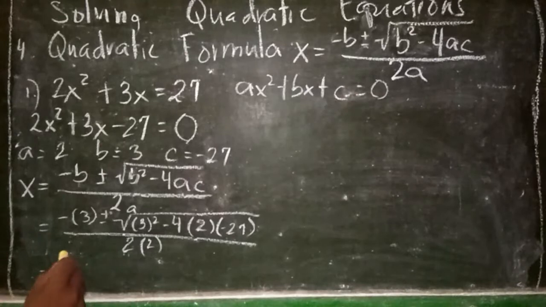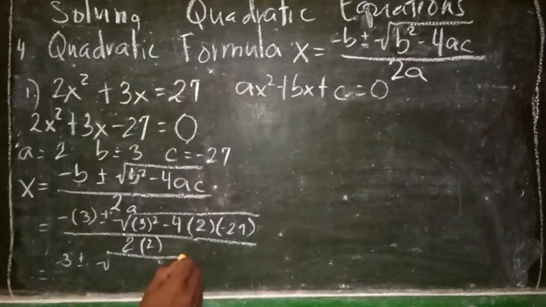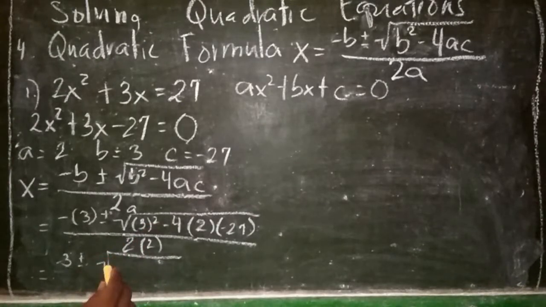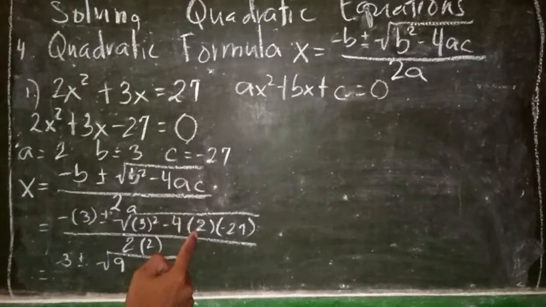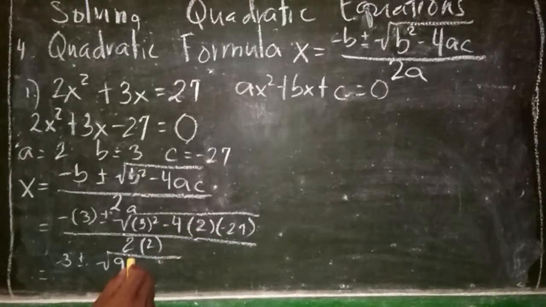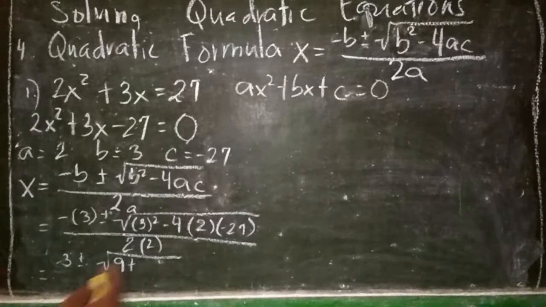So, simplifying further, we have negative 3 plus minus the square root of 3. Okay, 9. Correct. Then, negative times positive. Negative. Then, negative times negative, that is positive. So, positive. 4 times 2, 8. Then, 8 times 27, okay.